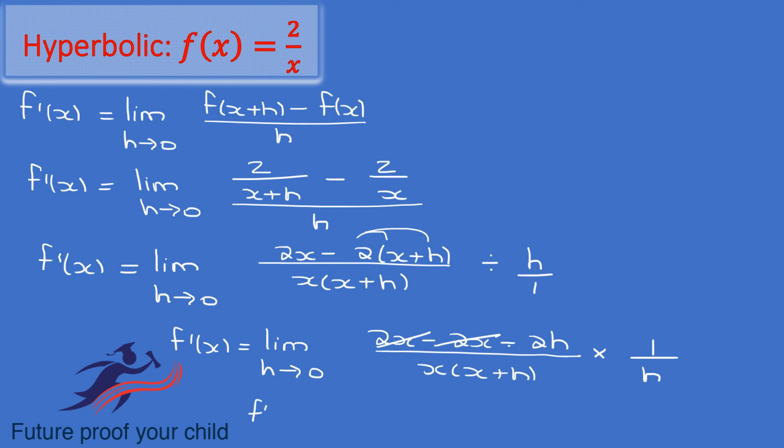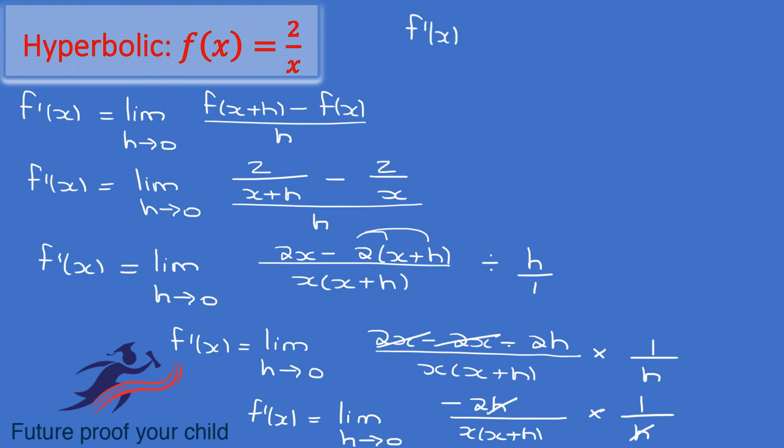So f dash x equals the limit as h approaches 0. So I have minus 2h over x times x plus h times 1 over h. Then the h's can cancel. So I've got the derivative equals the limit as h approaches 0. And then minus 2 times 1 is minus 2 in my denominator, x times x plus h.